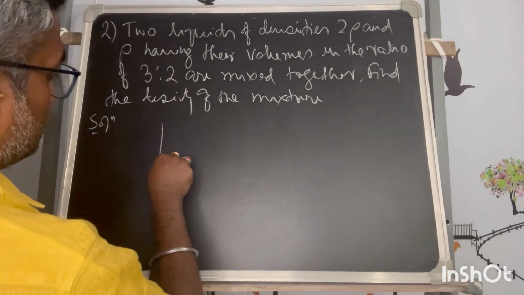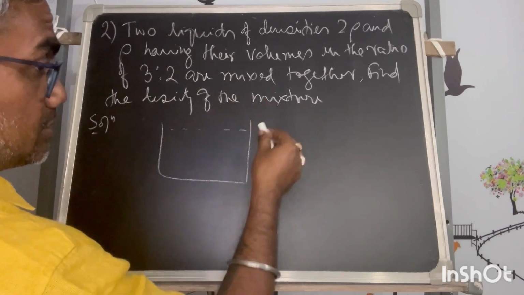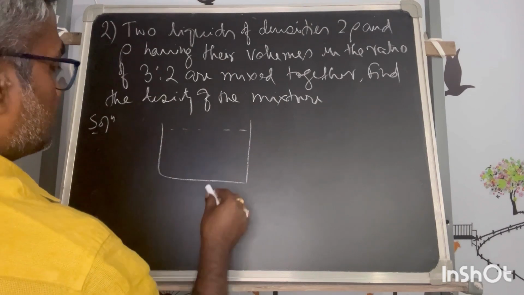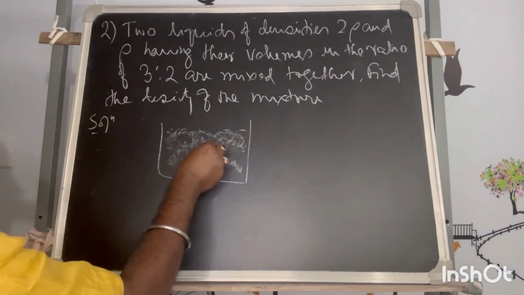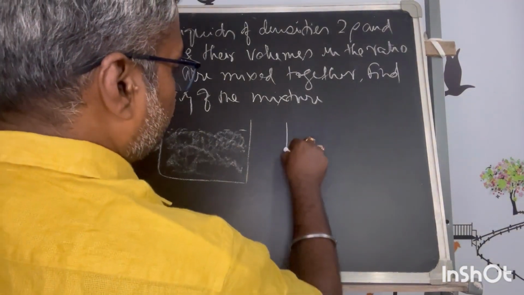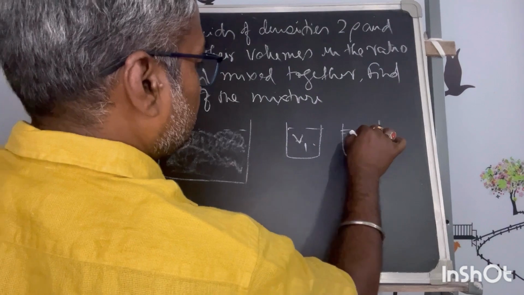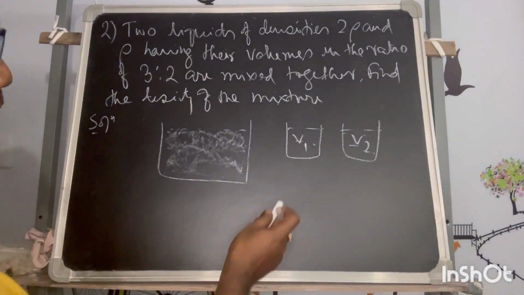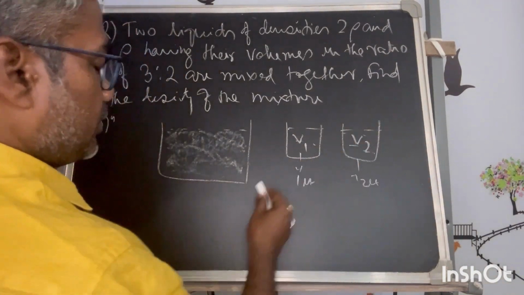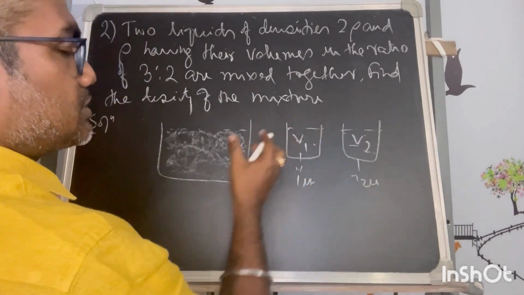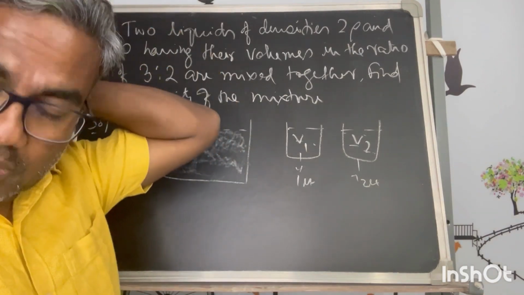When two liquids are miscible, meaning they can mix each other, what you can understand straightforwardly is this: if two liquids are in two beakers with volumes V1 and V2, let's say this is 1 liter and this is 2 liter, whatever liquid, and the liquids are miscible, they mix each other as a homogeneous mixture.